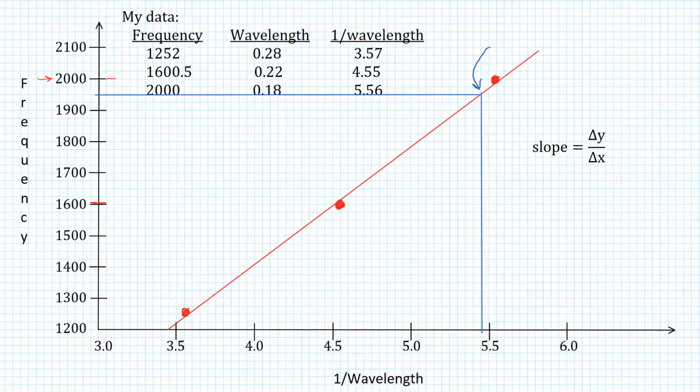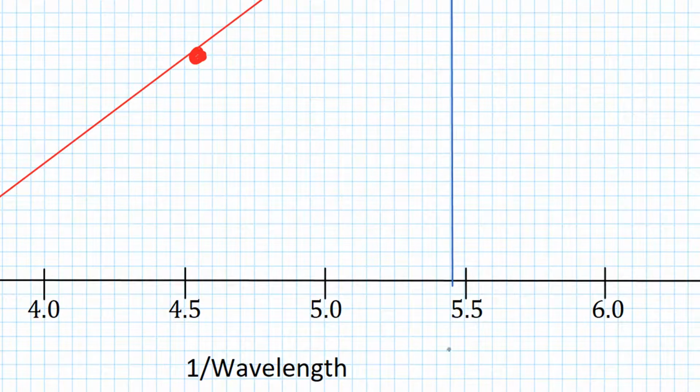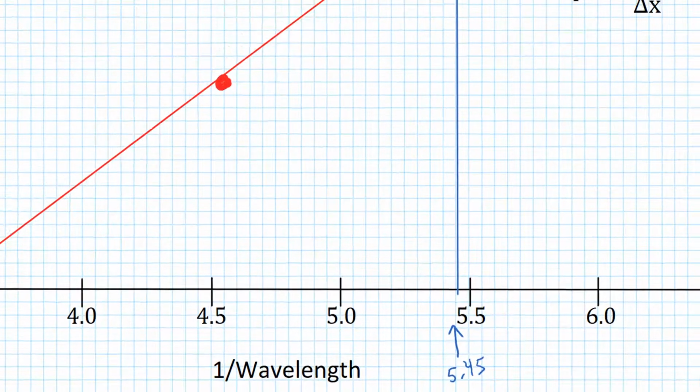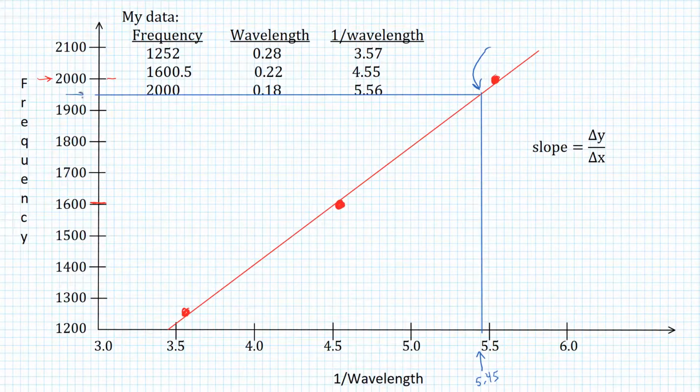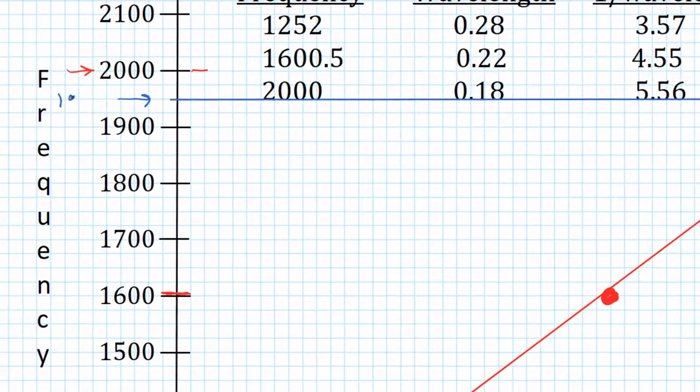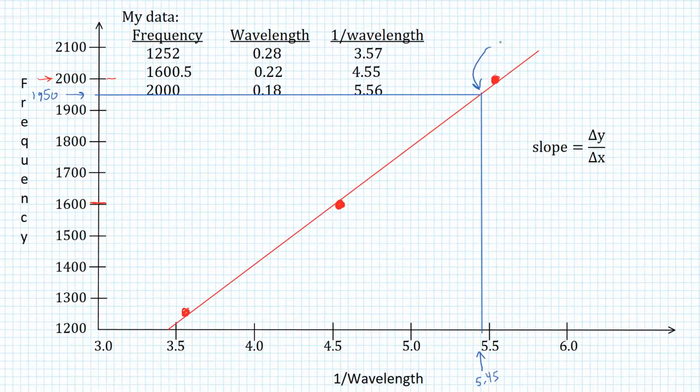If I trace back to my x-axis, I have 5.45. And if I trace back to my y-axis, I have 1,950 hertz. So the x value here is 5.45, and the y value is 1,950 hertz.